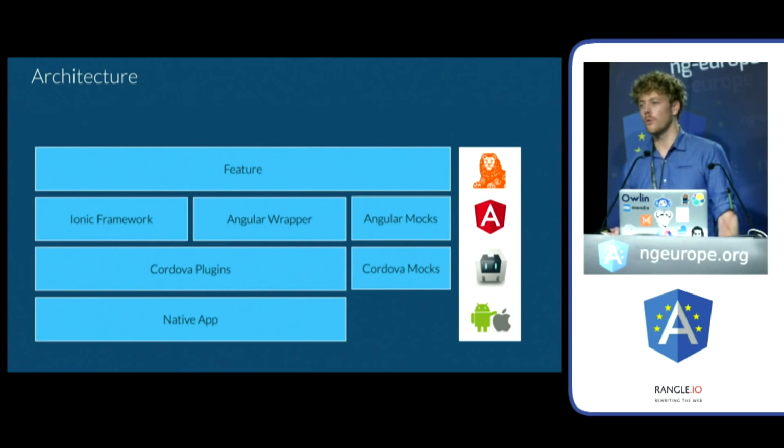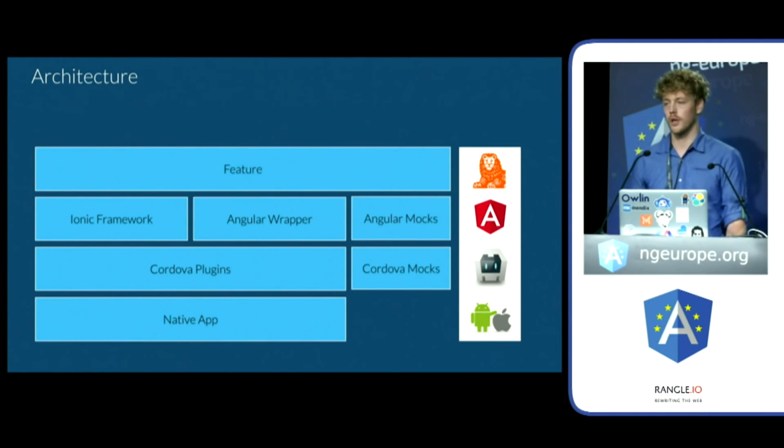Because our goal was to enable web developers to contribute to the mobile app, we decided also to make mocks for every Cordova plugin. The reason for that is we don't want web developers to have to switch from developing in the browser to developing on the phone. We want to limit that only to doing an integration test.